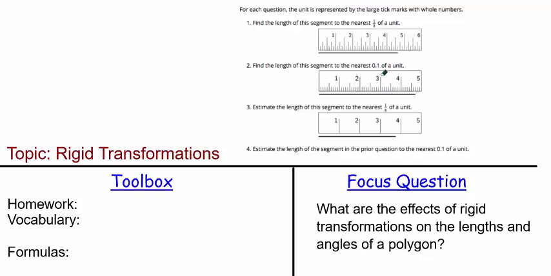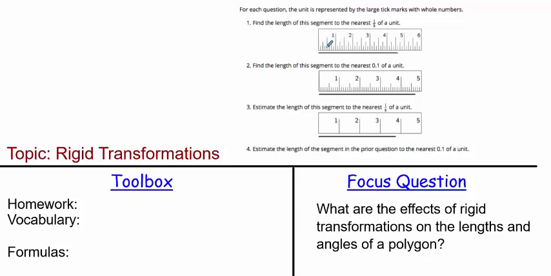Okay, let's look at our warm-up. It says for each question the unit is represented by the large tick marks with whole numbers. Find the length of this segment to its nearest 1/8 of a unit. So if I look at these tick marks in here, there are 1, 2, 3, 4, 5, 6, 7, 8.